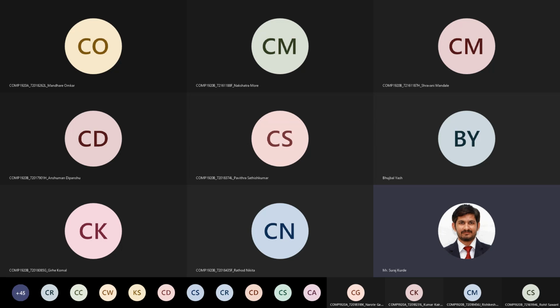Okay, the next unit is regular expression. What exactly is a regular expression?